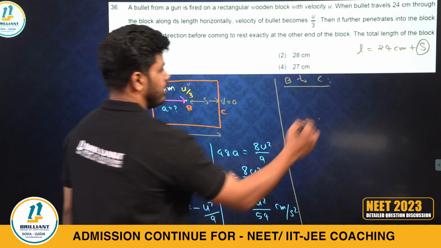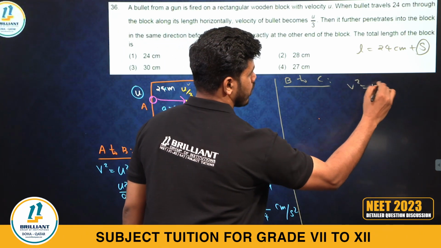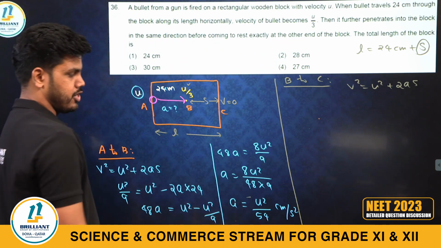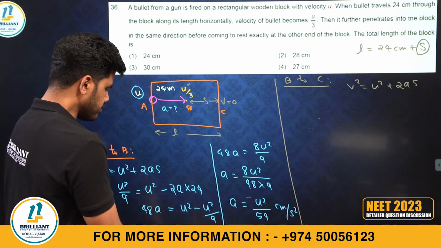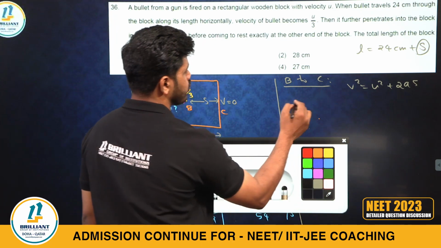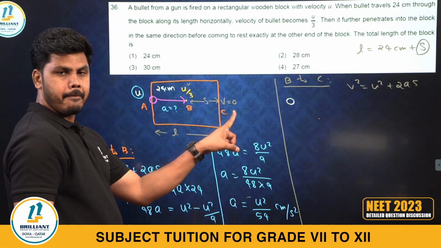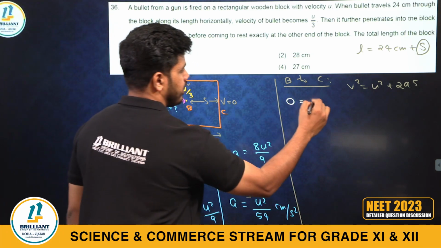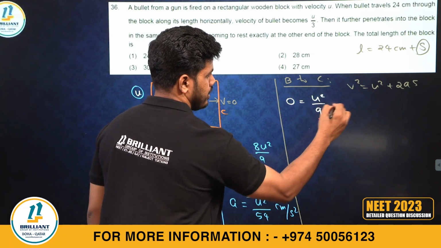We will go for again v square is equal to u square plus 2as. Correct? This is minus, okay? Retardation. Correct. So that we have to consider here. Fine. So we have v square is 0. Final velocity is 0. Initial velocity is square of u by 3. We get u square by 9. Yes.